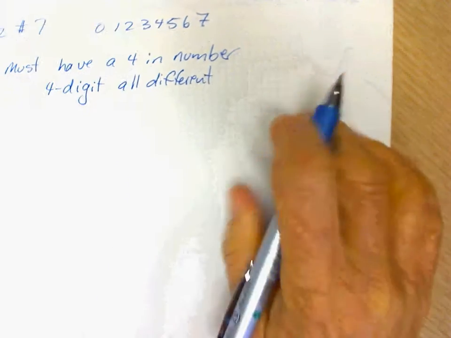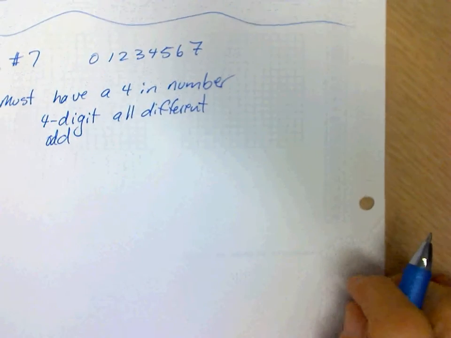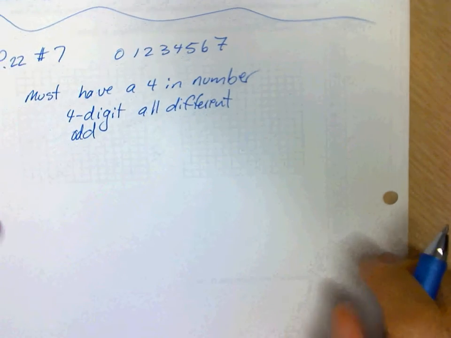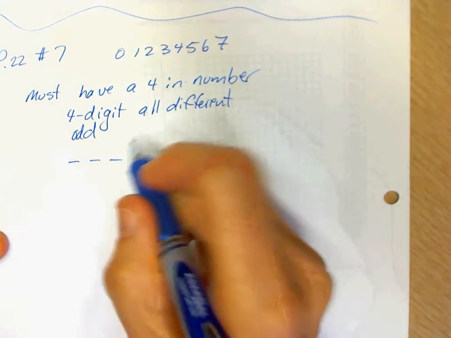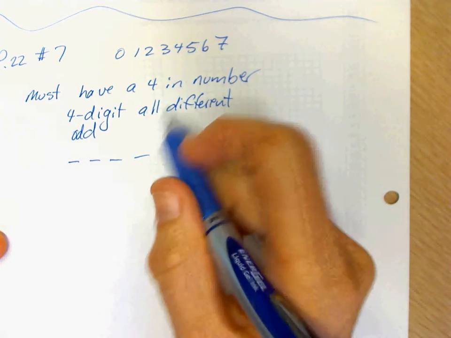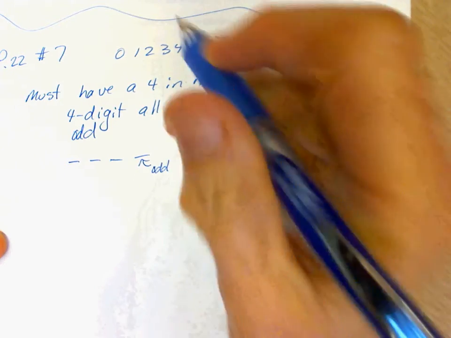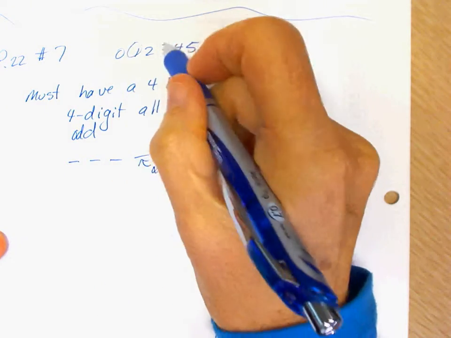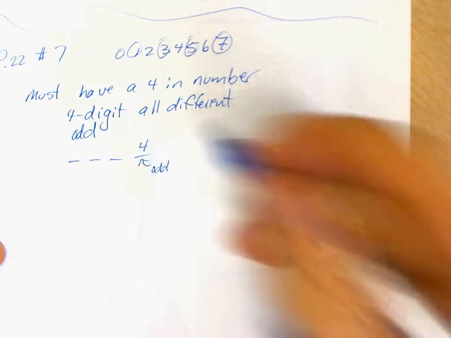And they're also saying they have to be odd. So that means it has to end with an odd number. So we know there's a 4 in the number, and we know it has to end with an odd. So there are 1, 2, 3, 4 odd numbers to play with that we can put in there.